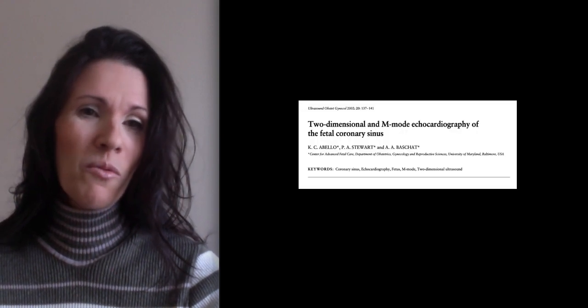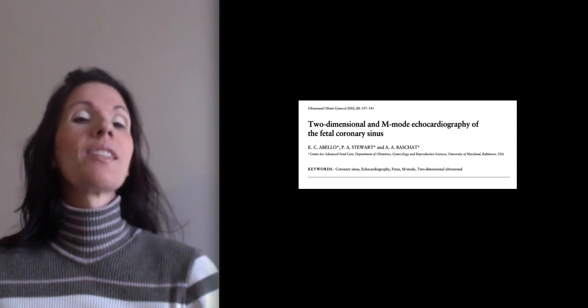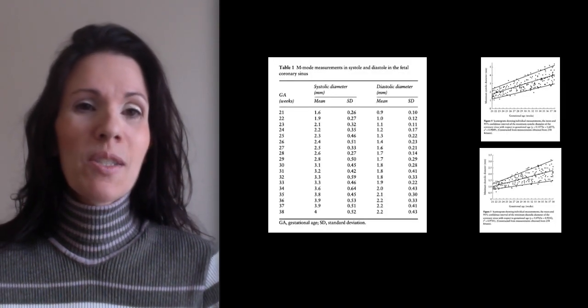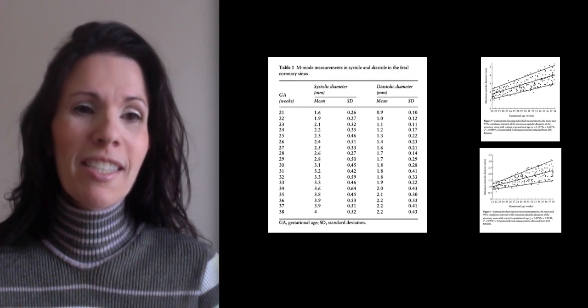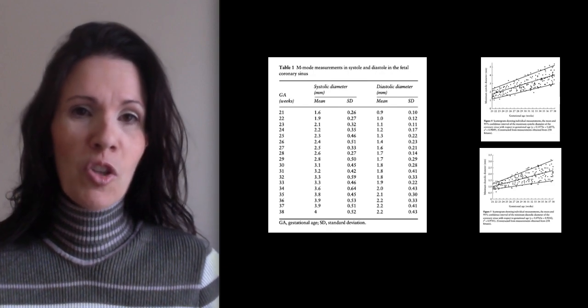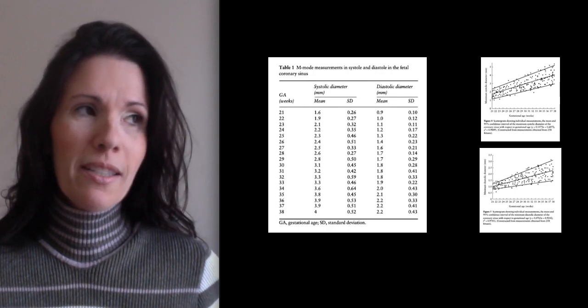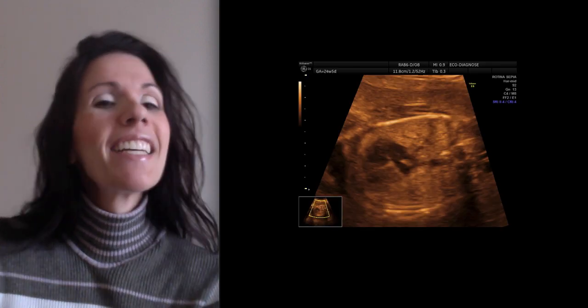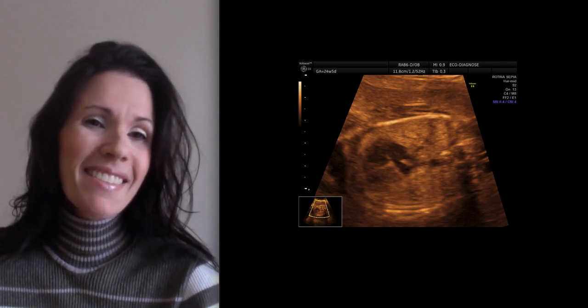And I like this paper a lot because we have the table to see if this is a normal coronary sinus or not, even in systolic and diastolic diameter. Okay, and now this is not normal, but what is this?